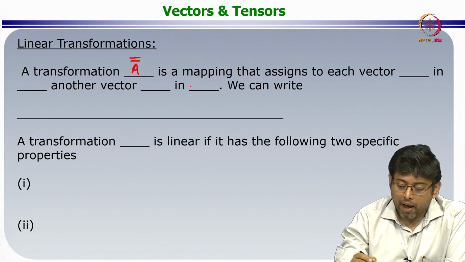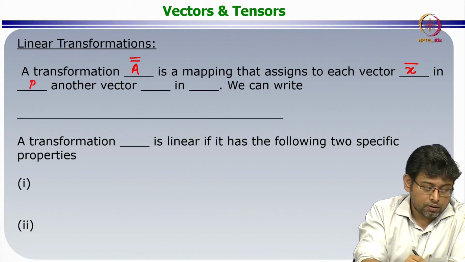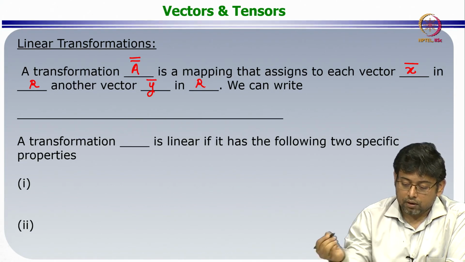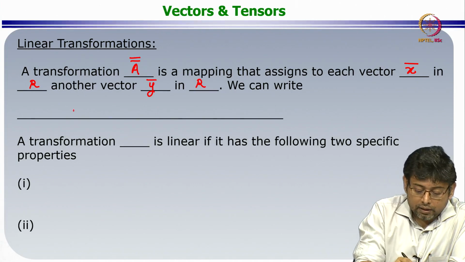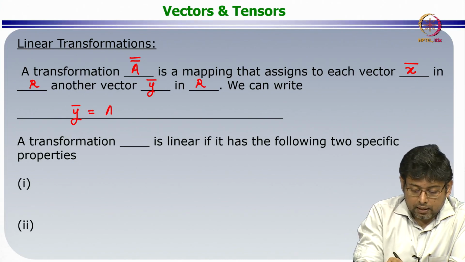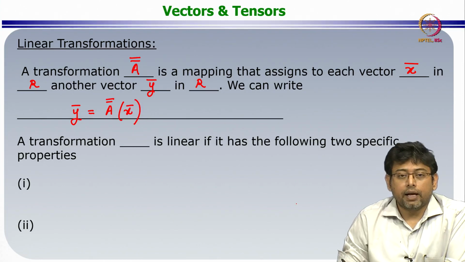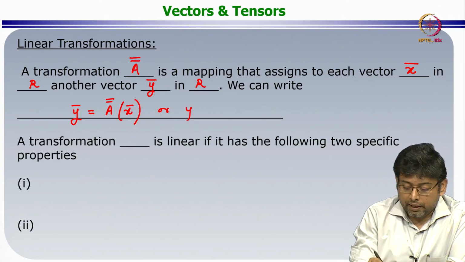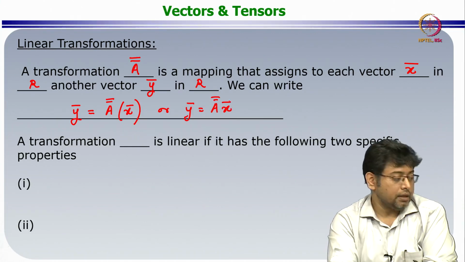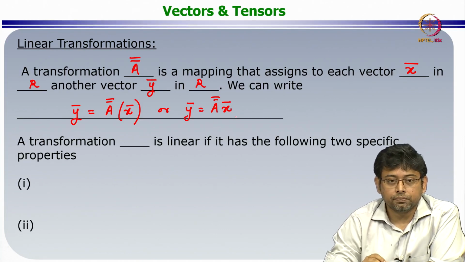A transformation is a mapping that assigns to each vector x, let us say in R, another vector y in R again. So we can write that this vector y is nothing but A acting on x, often simply written as y equals A x, where it is understood that A is operating on x.